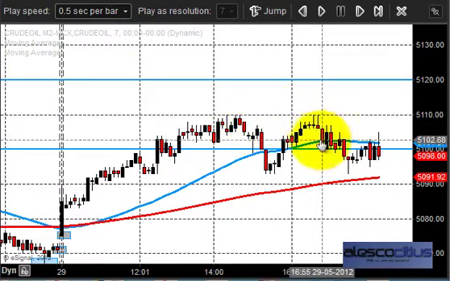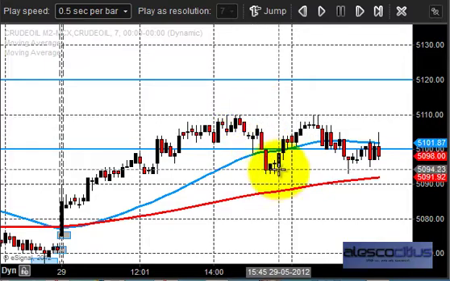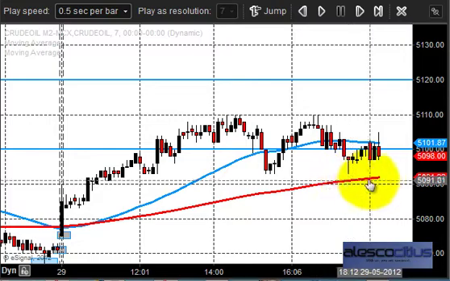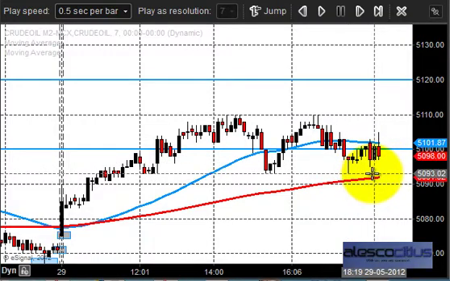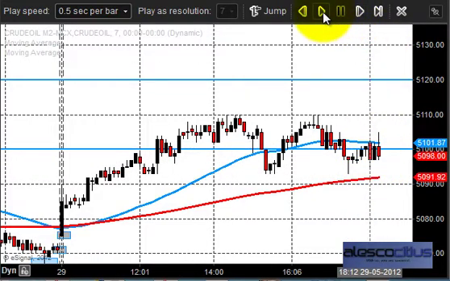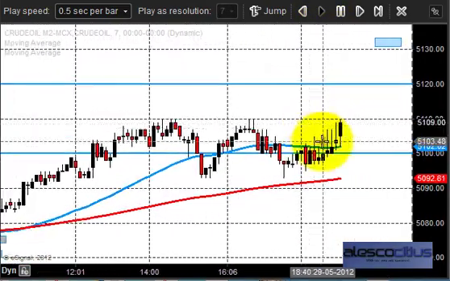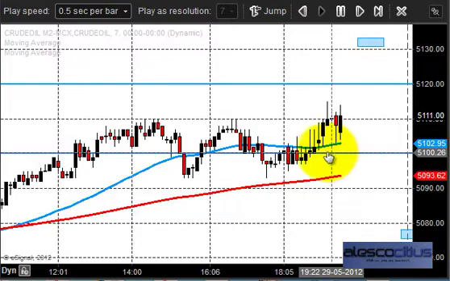The market is forming some double tops, and 5100 is providing some resistance, but it is staying within the short term moving average, which means it is providing some buying momentum for the crude oil market yesterday.